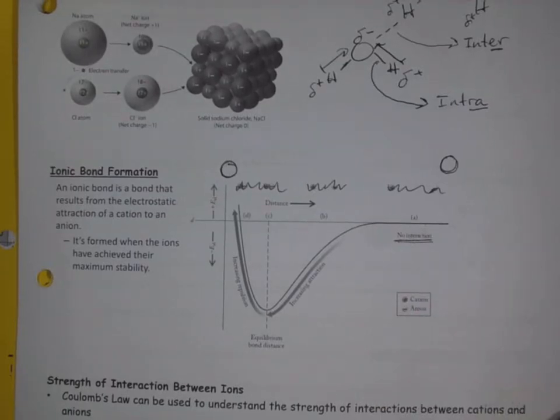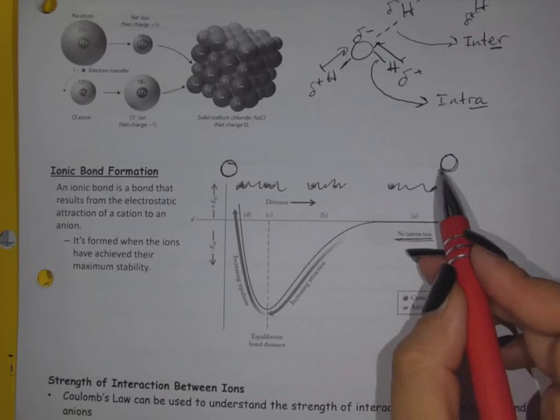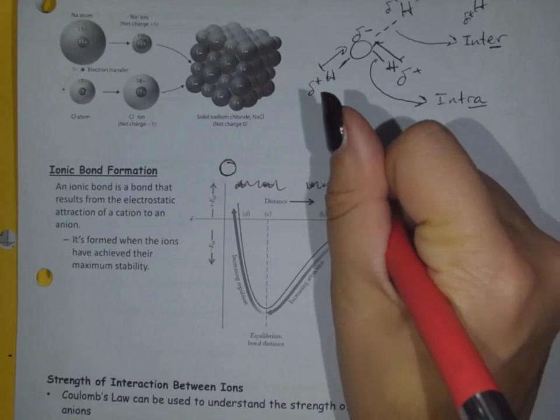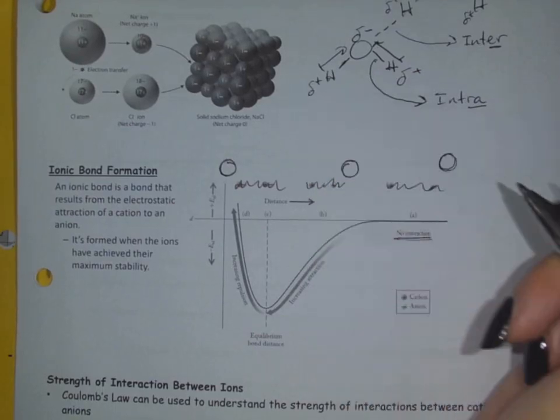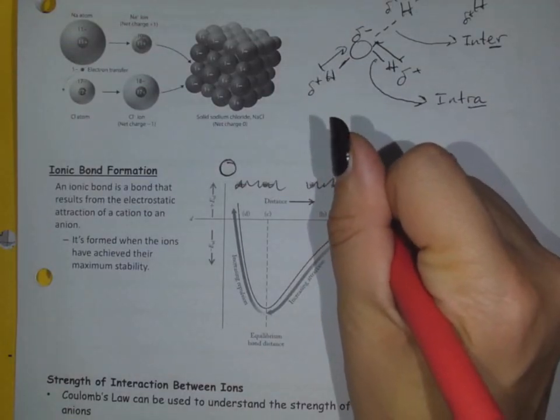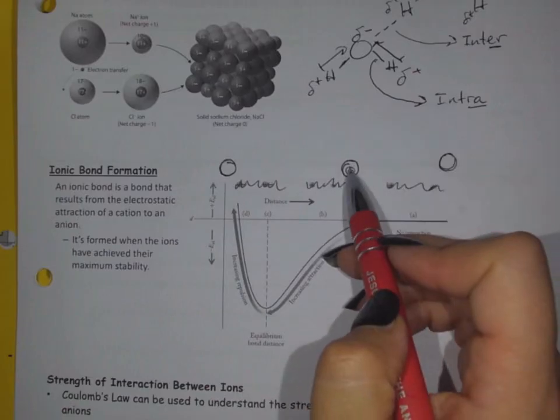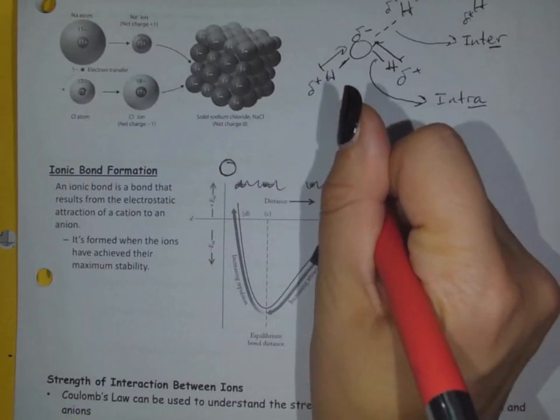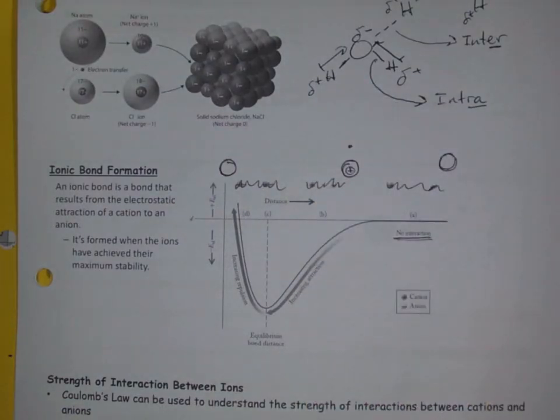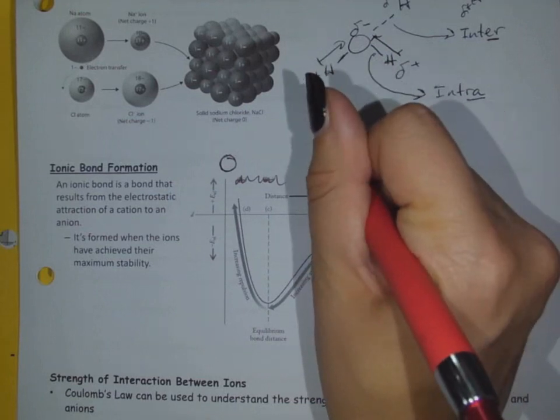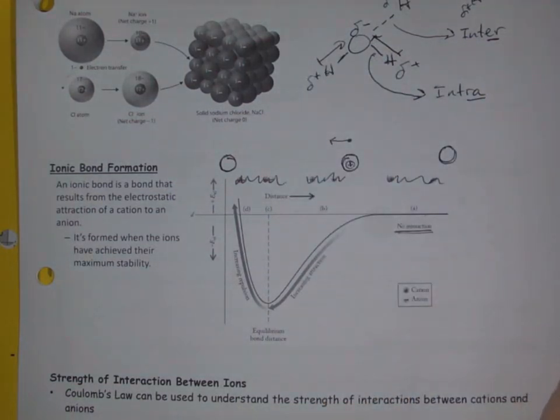But what if, through random motion, one of these atoms becomes close enough to the other one that something happens? The positive protons of this atom are attracted to the negative electrons of the other atom. This dot represents the center of this atom, and we're seeing that there is an attraction that this atom has for the other atom.